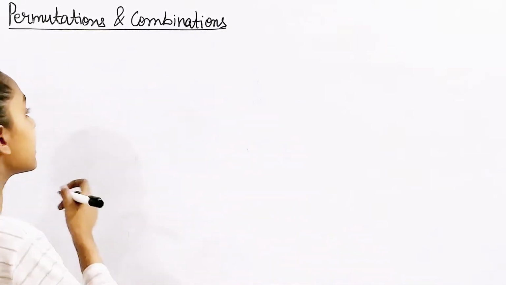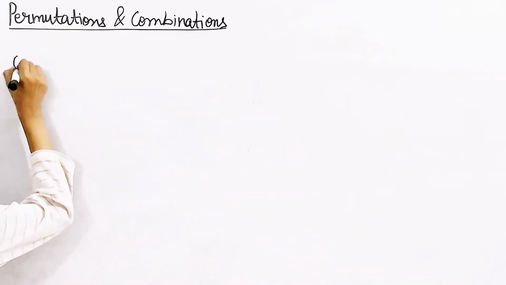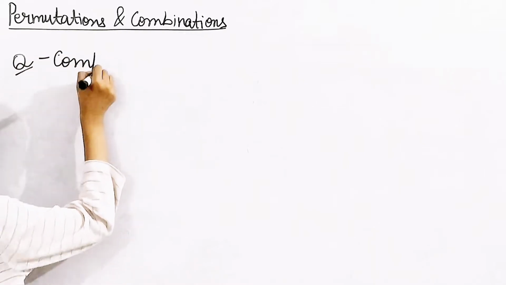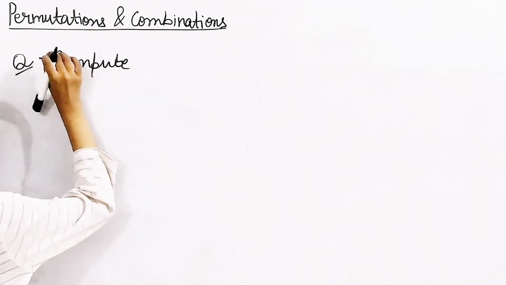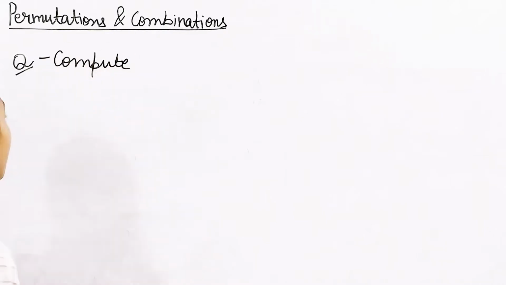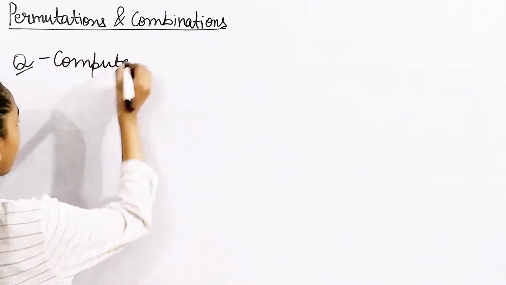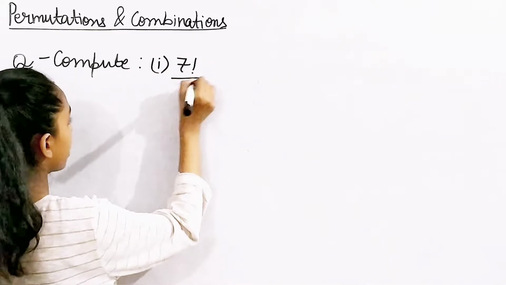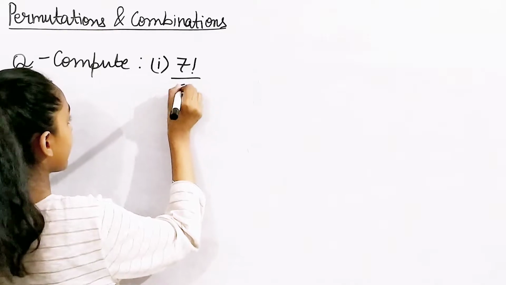So the question is compute: first part is 7 factorial by 5 factorial.